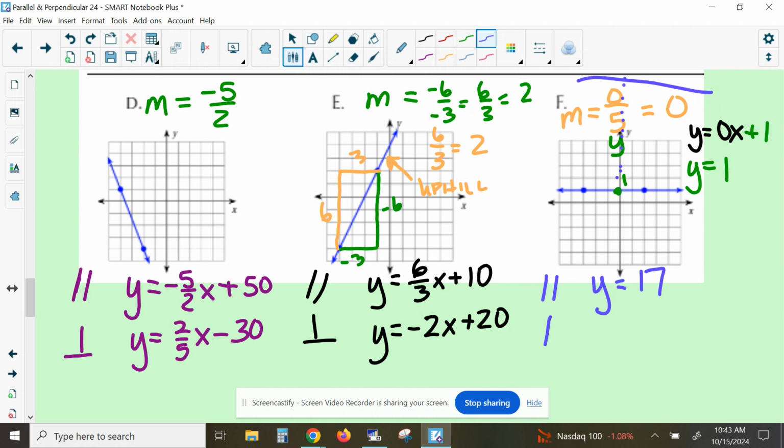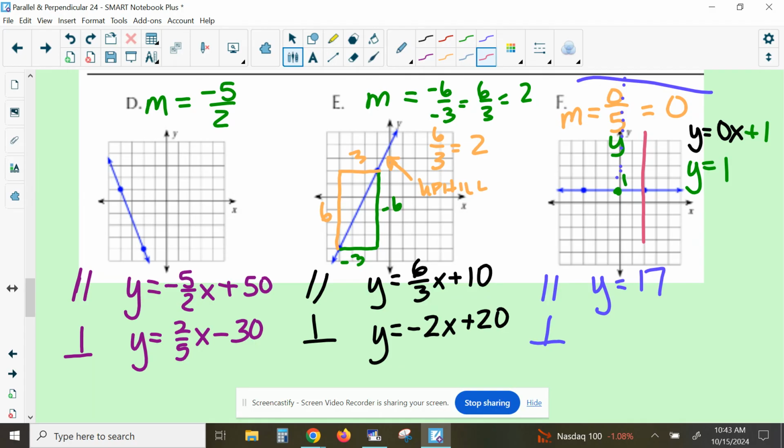A perpendicular line. Now, how do we write vertical lines? What did those look like? Do you remember? Let me draw one on this graph. If I were to draw this pink line, does anyone remember what the equation of that pink line is? There's no y in it. x equals what?